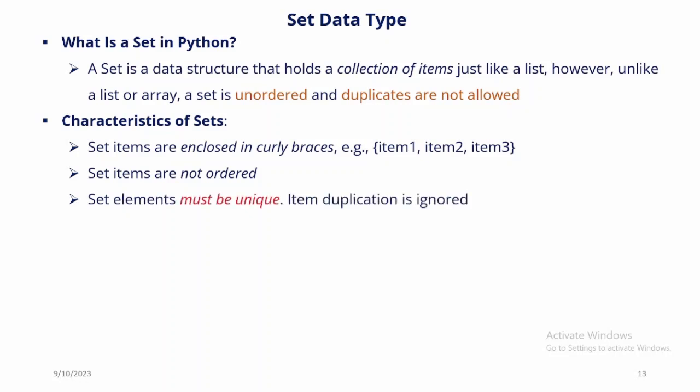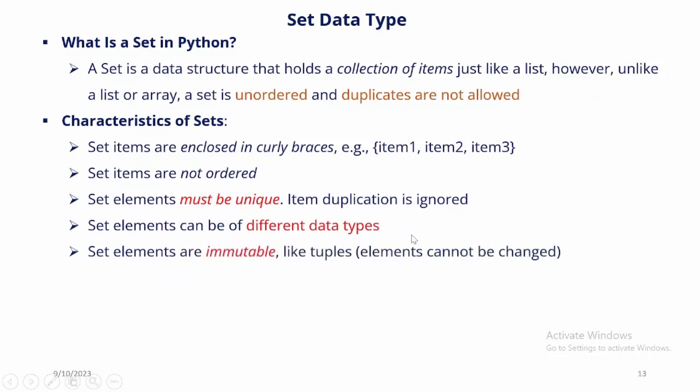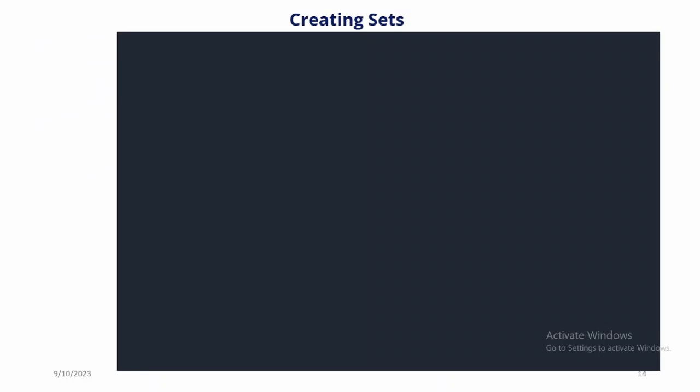However, set elements must be unique, so item duplication is ignored, and we are going to see that in an example. Set elements can be of different data types also. Set elements are immutable, just like tuples. Elements cannot be changed once created. See an example. Python set 0.py.